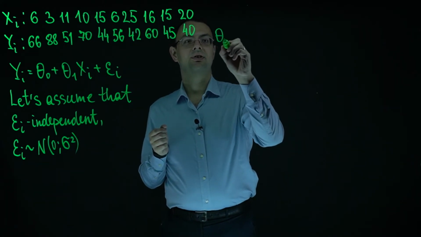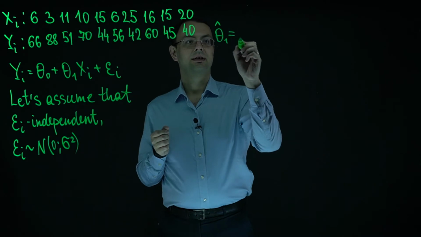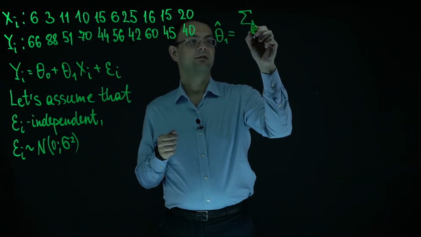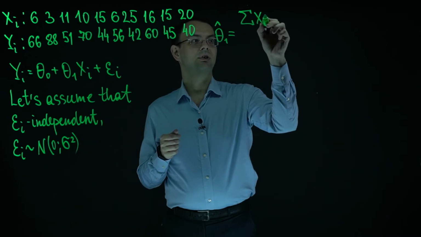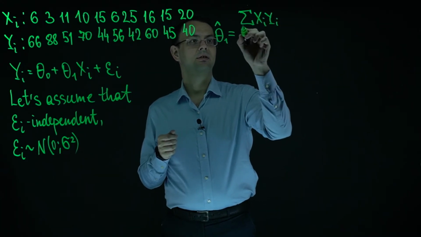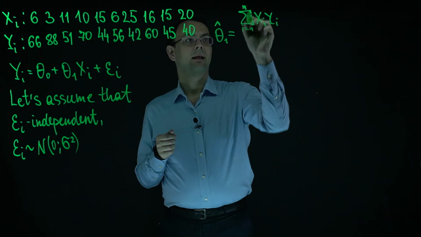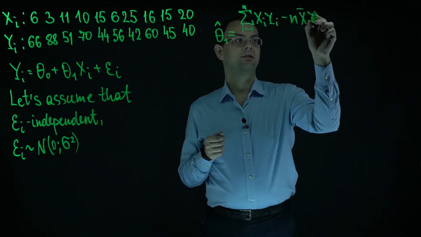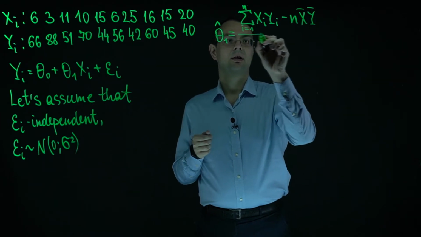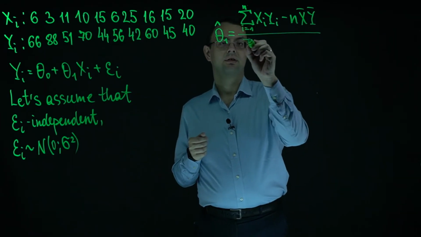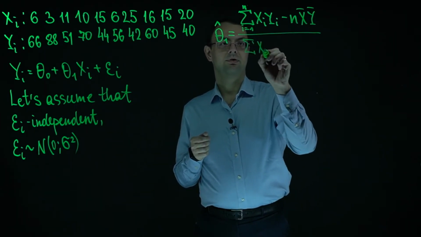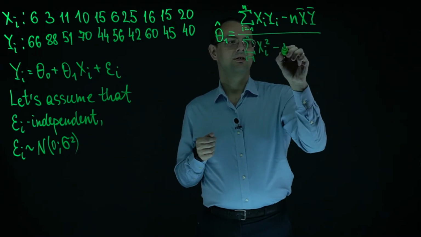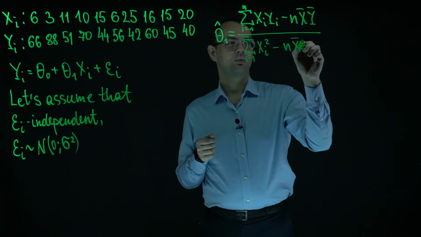We know that theta 1 hat is the sum of products of x and y, minus n times x bar times y bar, divided by the sum of squared xi's minus n times squared x bar.